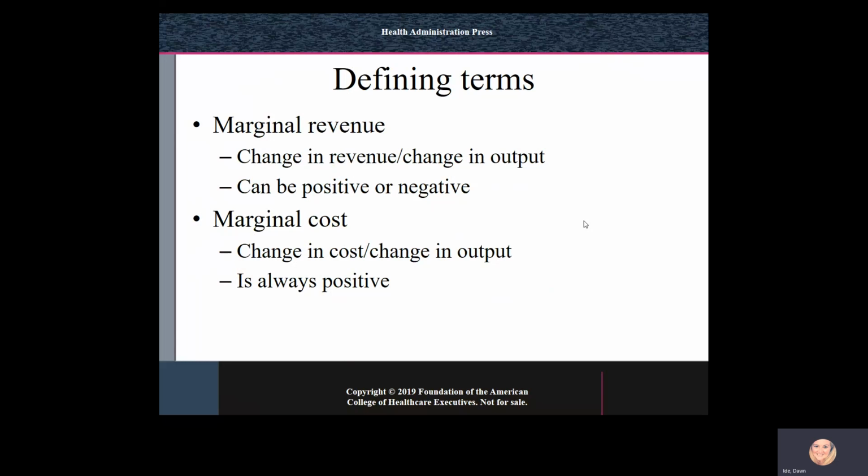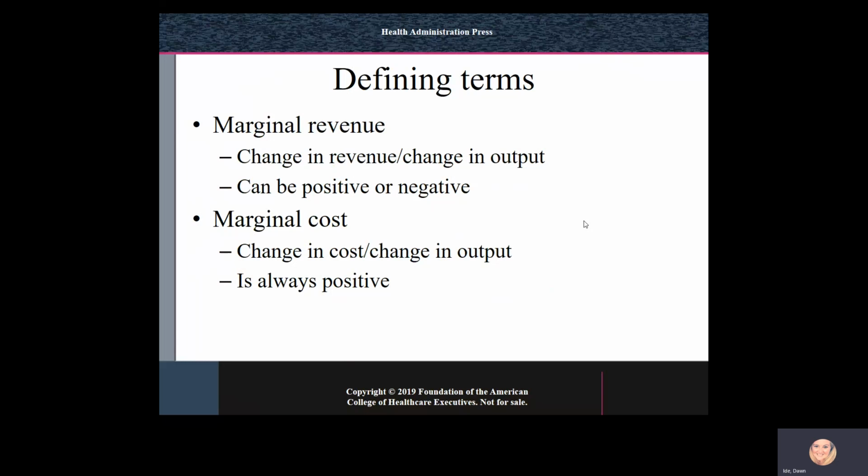So marginal revenue: change in revenue divided by change in output. It can be positive or negative. And our marginal cost is the change in cost divided by the change in output. And that is always positive. Always positive. Now, in case you were reading this and you're like, this isn't as clear as I would have liked it to be, it's not very difficult.